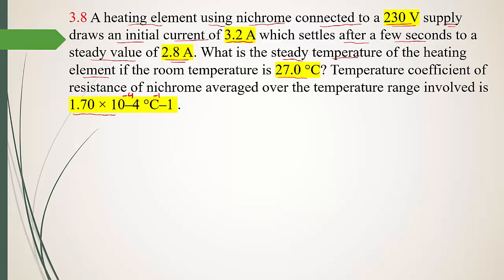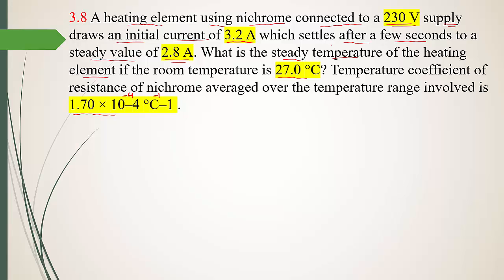Yes, see the problem here. A heating element, we are using nichrome, which is connected to a battery having a power supply of 230 volt. Initially, that battery gives 3.2 ampere of current. It settles after a few seconds to a steady value of 2.8 ampere. What is the steady temperature of the heating element if the room temperature is 27 degrees Celsius?